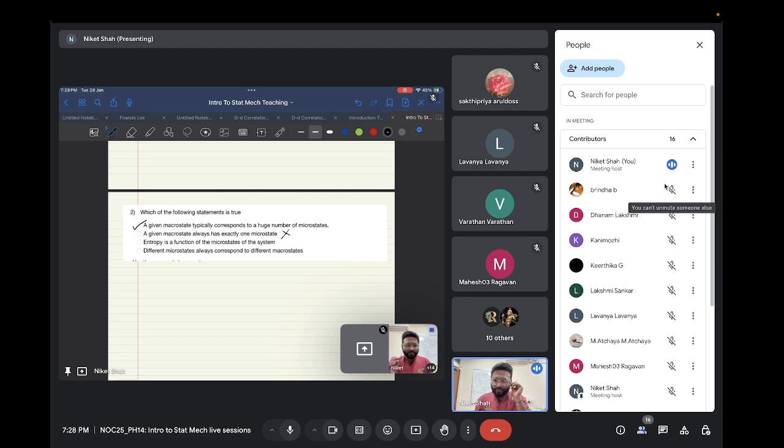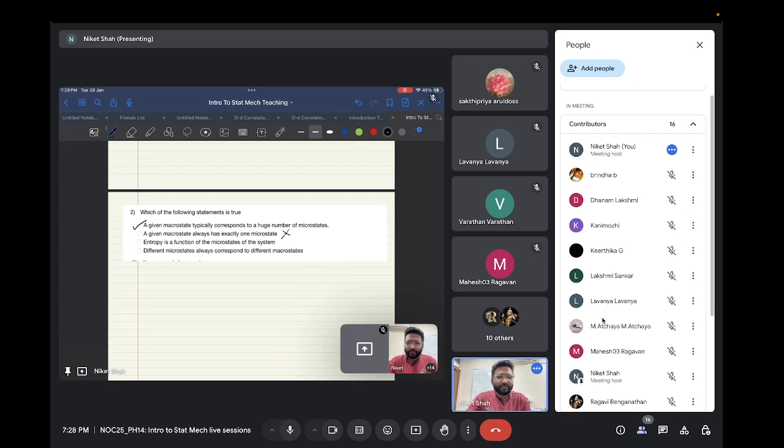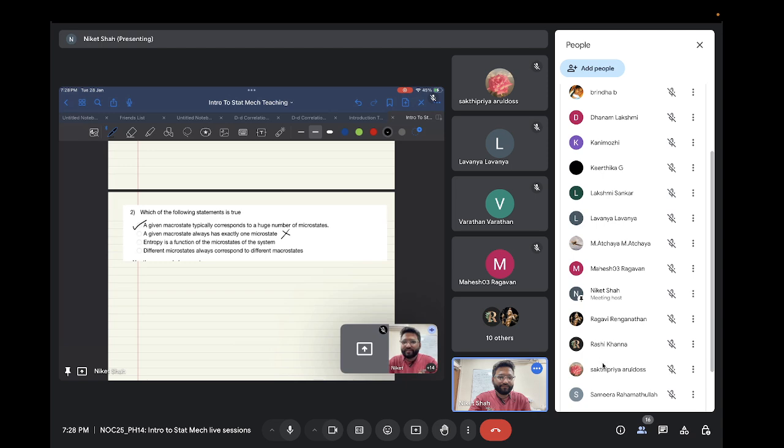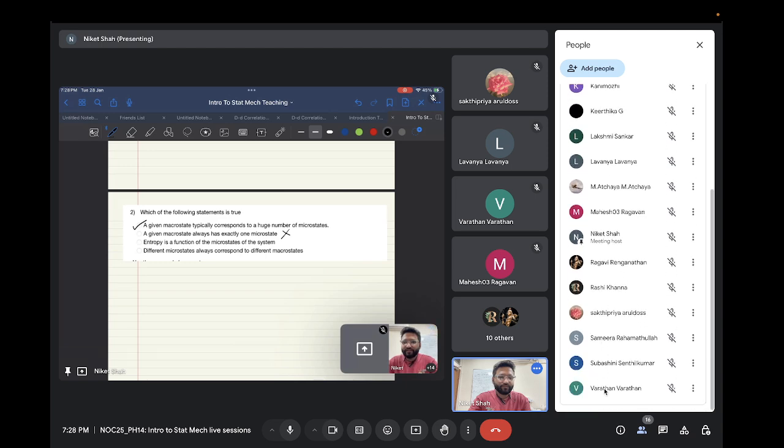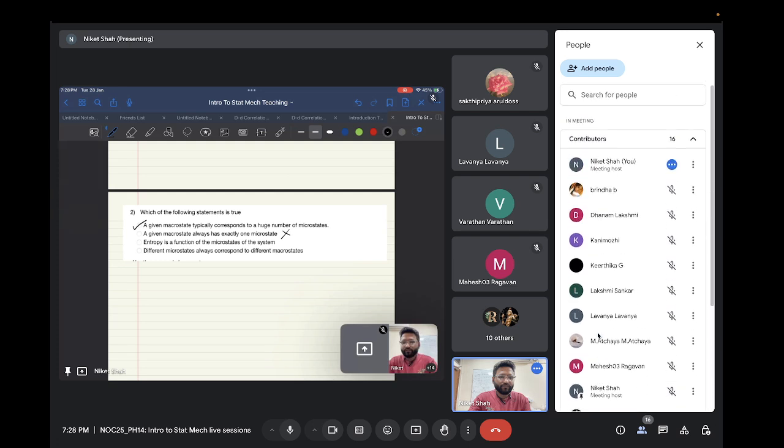So just unmute and tell me. Okay, anyone else who can say this? Anyone else who can give me an answer to this question? Is the third option correct? Entropy is a function of the microstates of the system. Is this option correct or wrong?